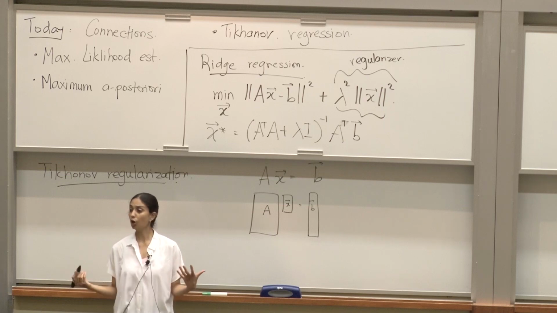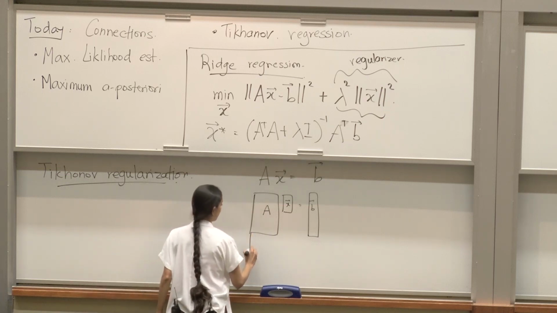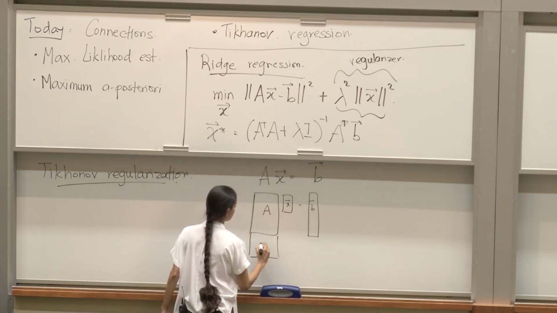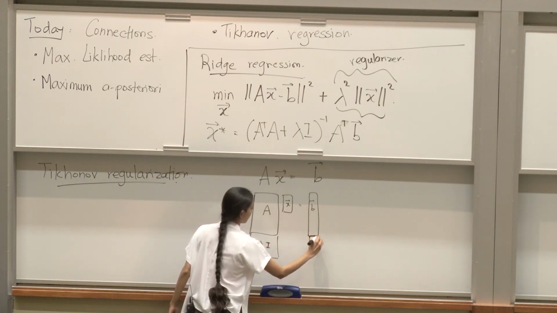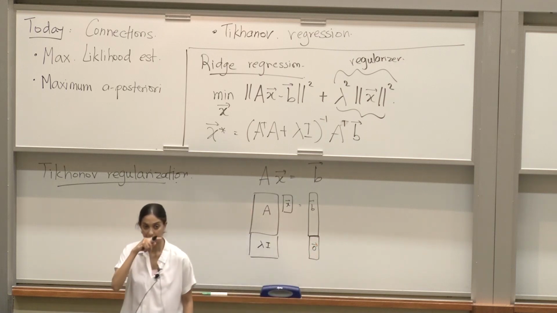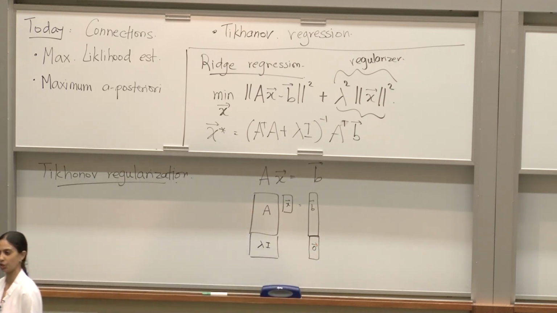We said that we could also interpret ridge as saying I can have lambda I times x equal to 0. Someone gave me side information that told me my x was close to 0, and lambda represented their confidence in how sure they were about being close to 0.